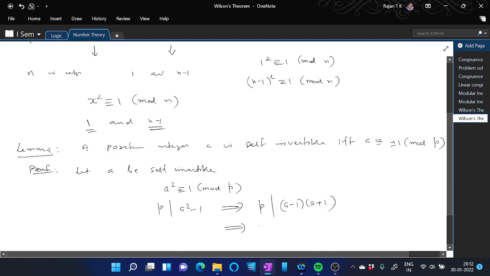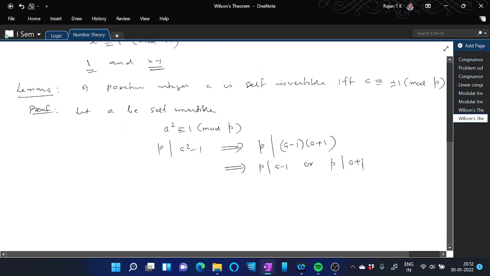That means p divides a minus 1 or p divides a plus 1, which can be written as a is congruent to 1 mod p or a is congruent to minus 1 mod p. P divides a minus 1 means a is congruent to 1 mod p. P divides a plus 1 means a is congruent to minus 1 mod p. Combining this, you can write a is congruent to plus or minus 1 mod p.